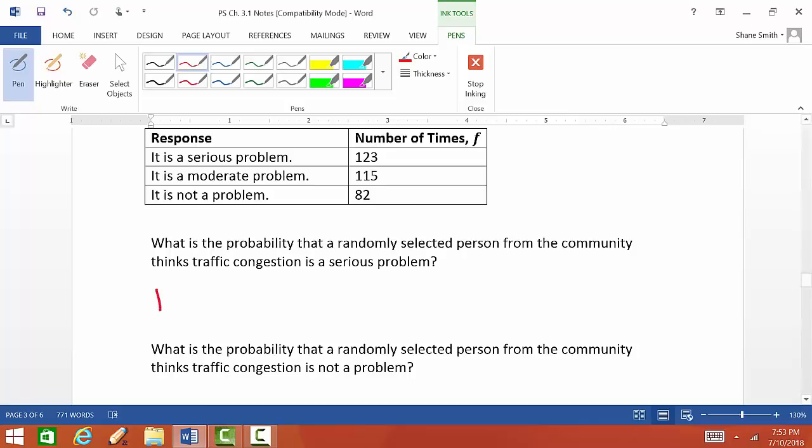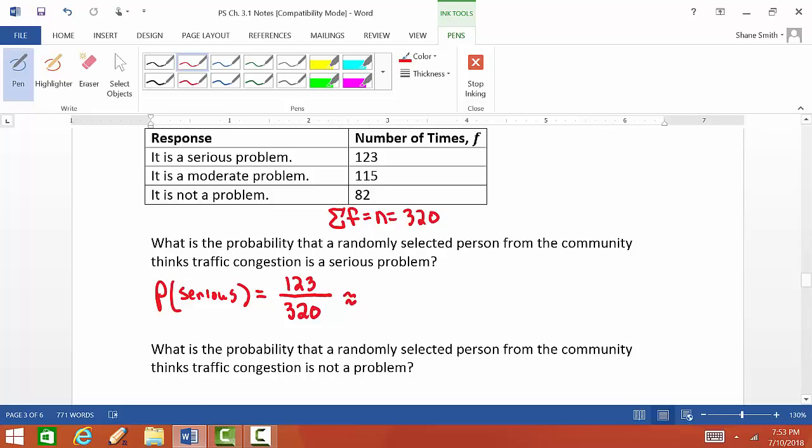Well, we want to find the probability that traffic congestion is a serious problem, and I don't have an event label here, so I'm just going to write the word serious here. So what's the probability of selecting someone who thinks traffic congestion is serious? Well, we need the total, and to get the total, we add all of our frequencies together, right? So when you do this, you get n, and in this case, the number is 320. So that's 123 divided by 320.